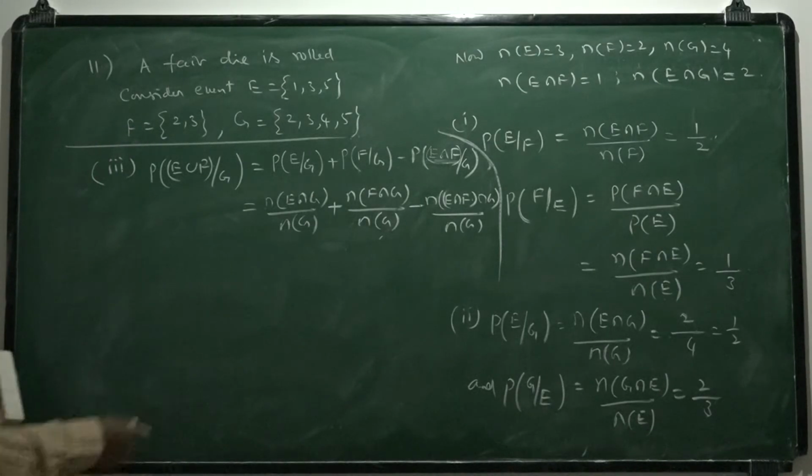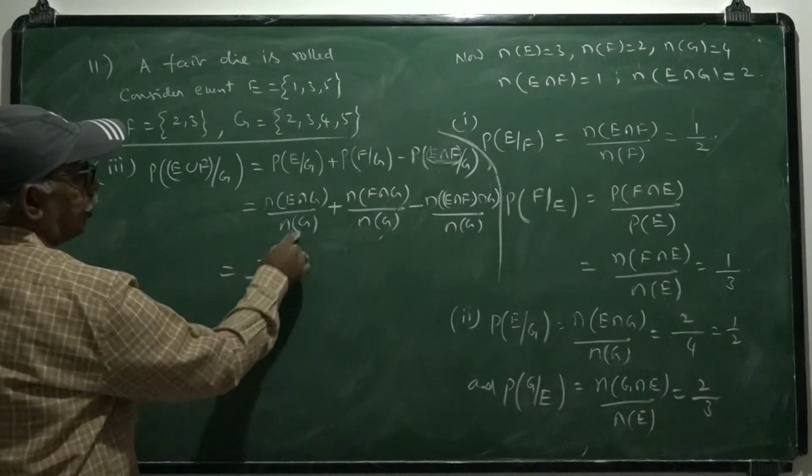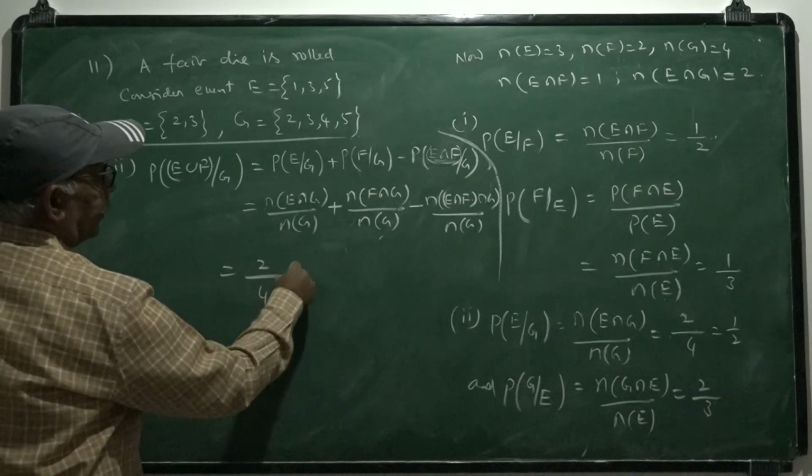E intersection G is 2, and 2 by n of G is 4.